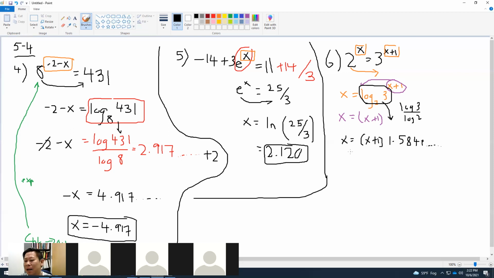Can someone tell me how you solve this equation? The one in the last row. How do you solve this? Take this 1.5849... and what do you do?